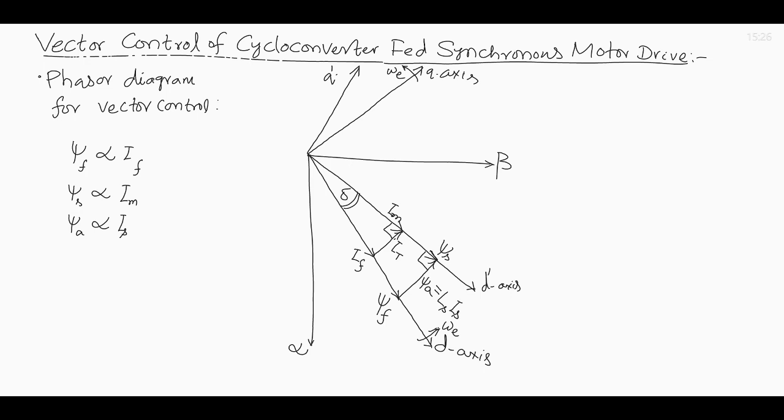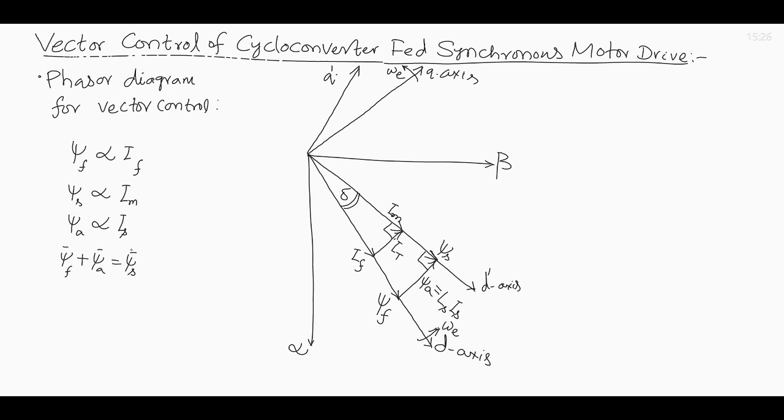The triangles satisfy the condition psi f phasor plus psi a phasor equals psi s phasor, the stator flux linkage. From that, the current triangle comes: If plus It equals Im.